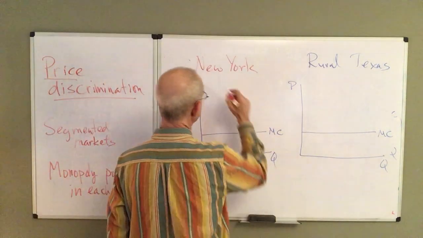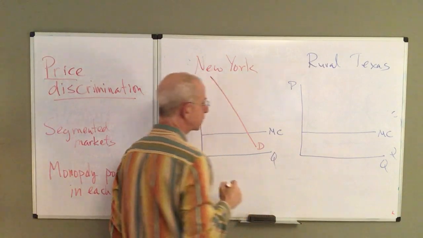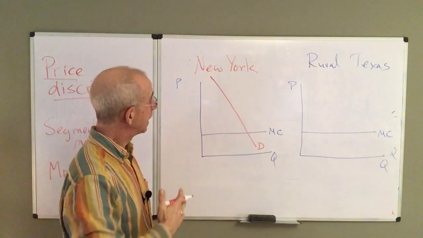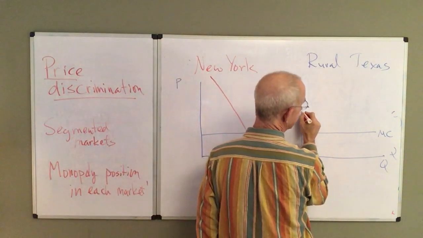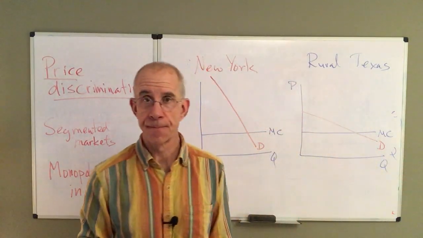But let's imagine a situation where the demand curve in New York is relatively inelastic compared to the demand in Texas.